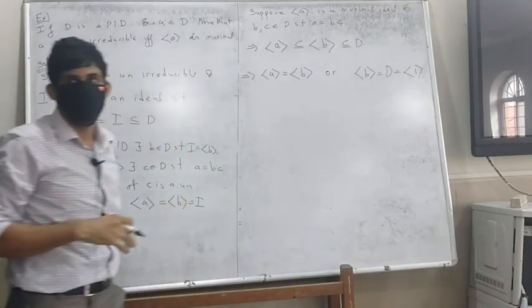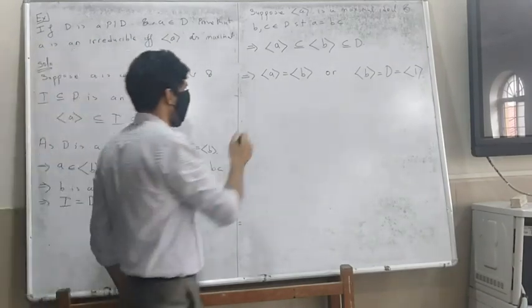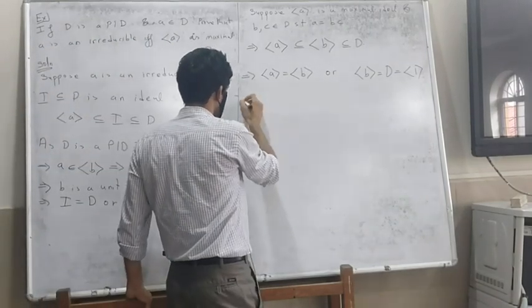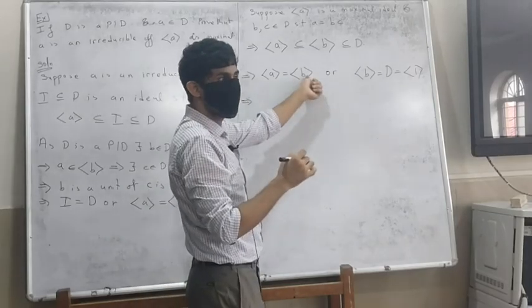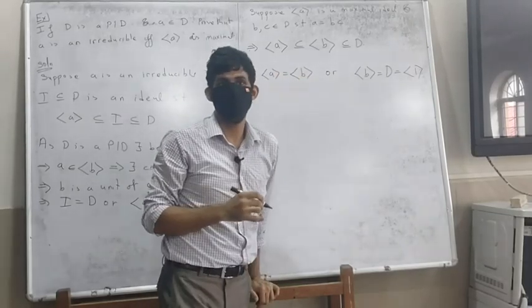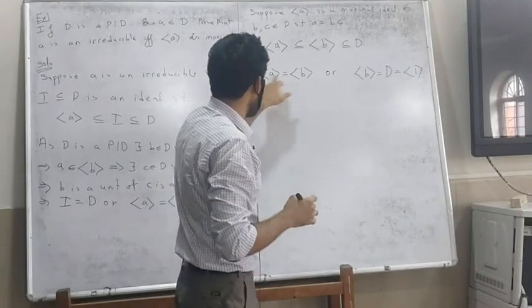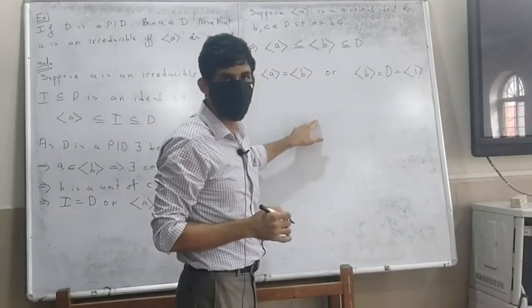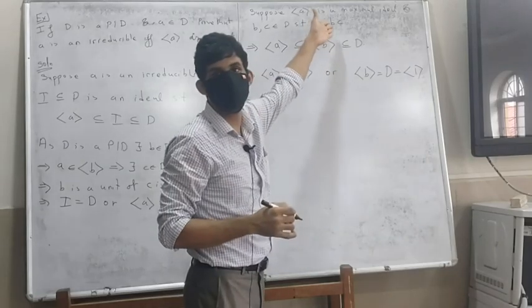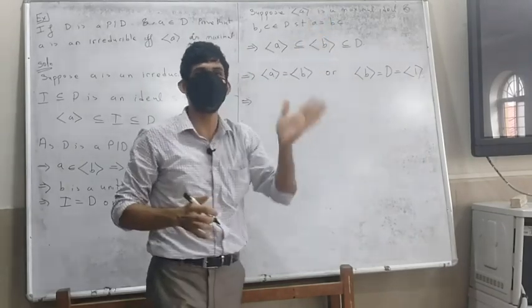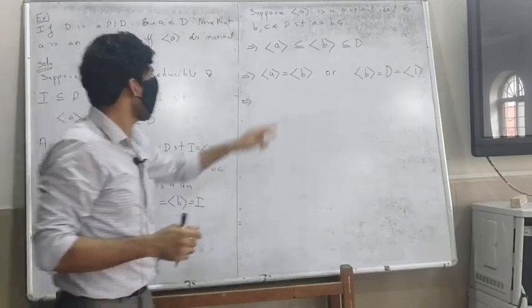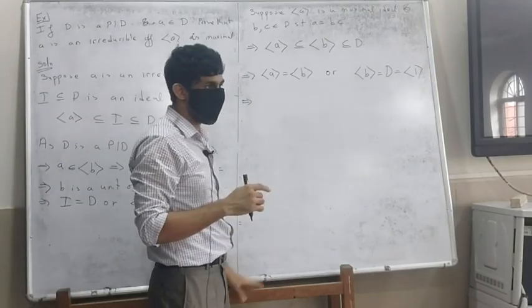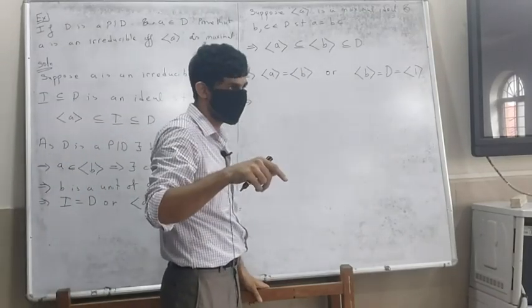What does the other case tell us? This tells us that A and B are associates. If A and B are associates, that means I can write A as U times B, where U is a unit.